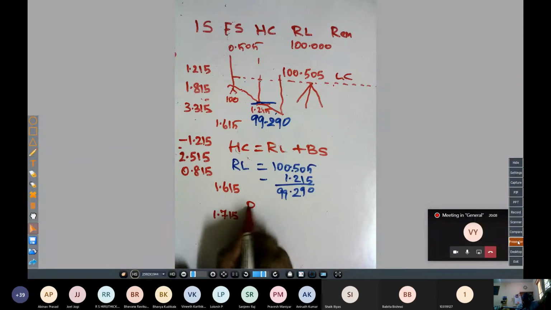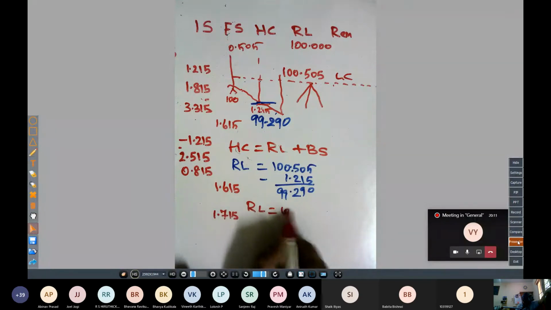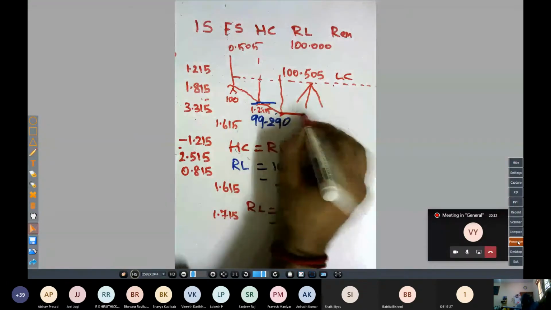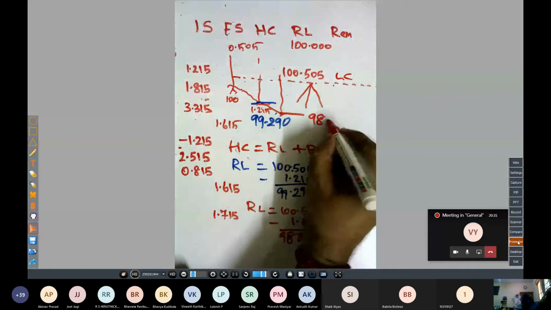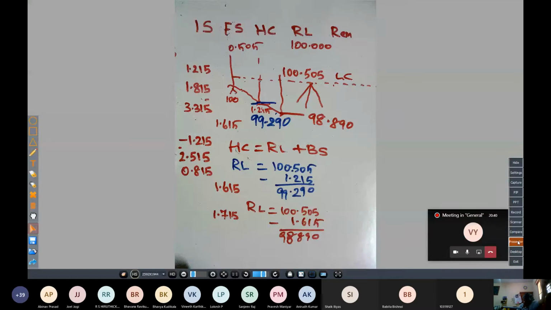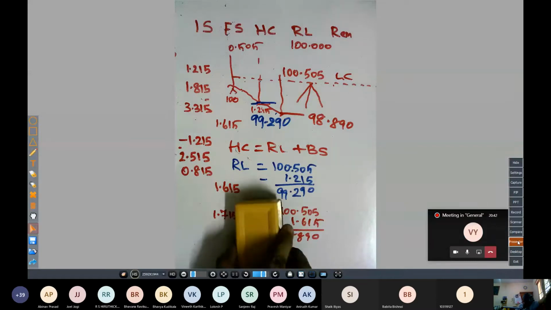RL of that is equal to 100.505 minus 1.615. So this point is 98.890.